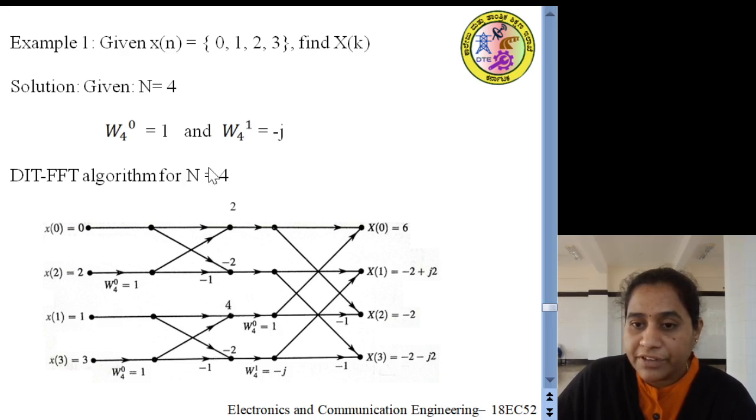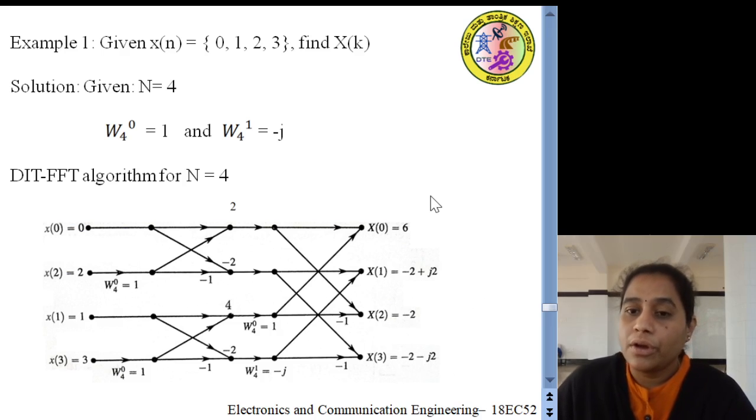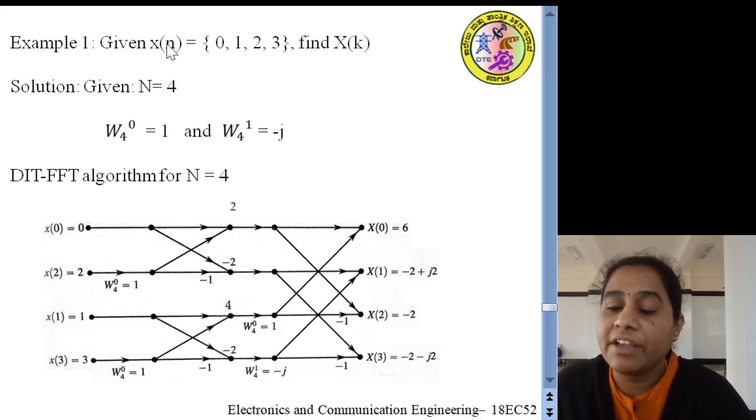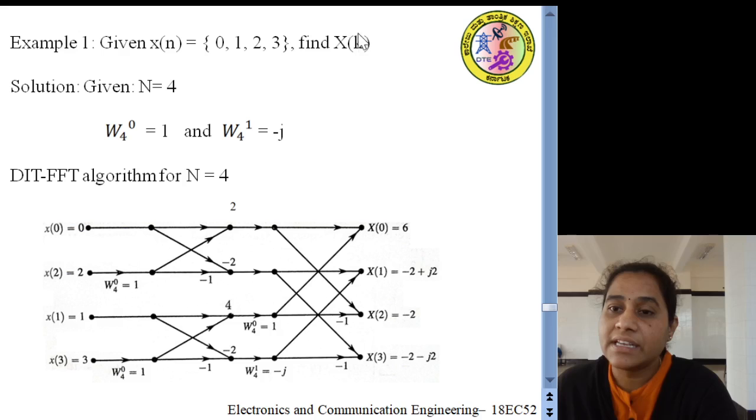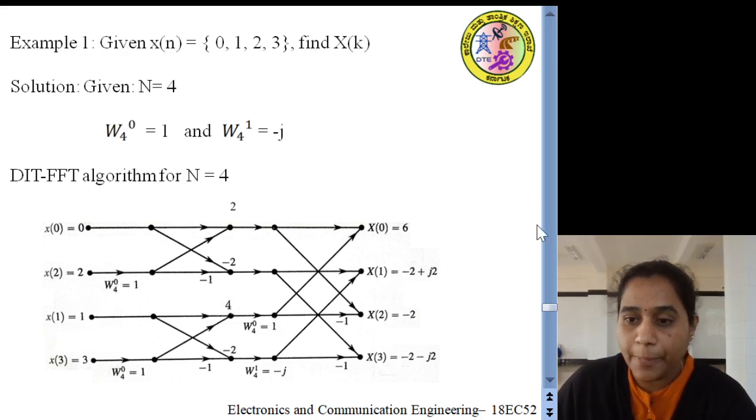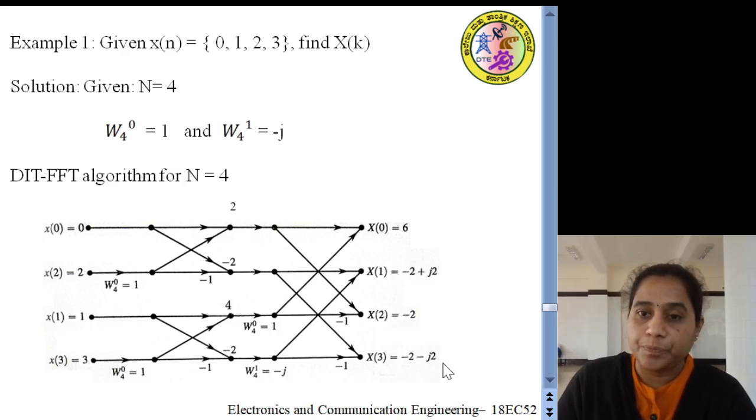The output of the first stage is taken as input to the next stage. The final output we obtain is 6, minus 2 plus j2, minus 2, minus 2 minus j2. So the DFT of the given sequence x of n is x of k equal to 6, minus 2 plus j2, minus 2, minus 2 minus j2.